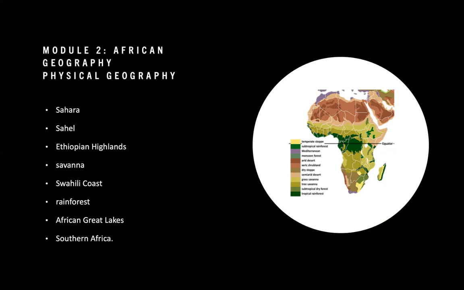Okay? So here you can see dito sa mapa natin may mga patches ng region sa Africa based on the ecosystem. You have the temperate steppe, subtropical rainforest, represented by that lush green color. The Mediterranean region, nasa northern tip yan.